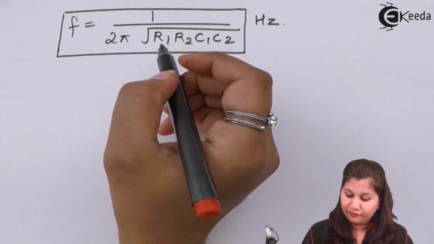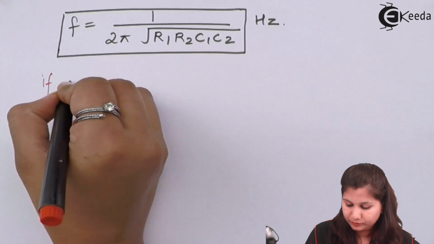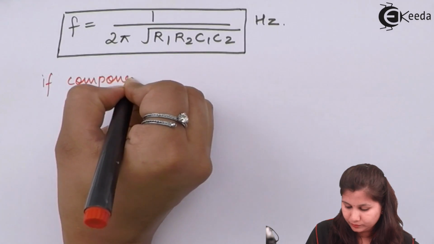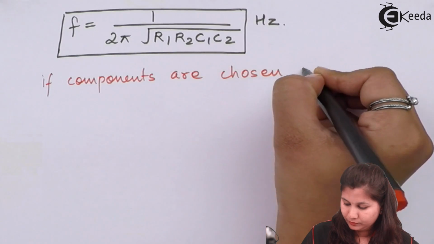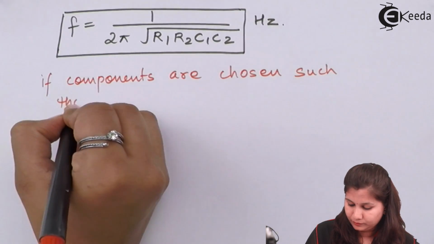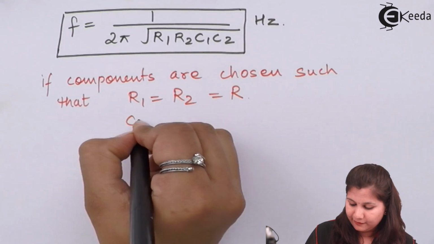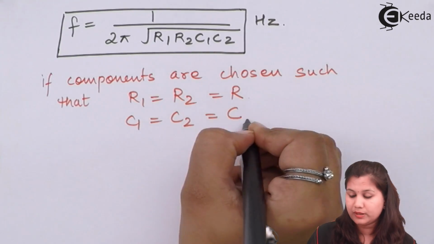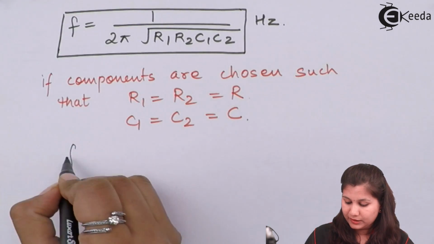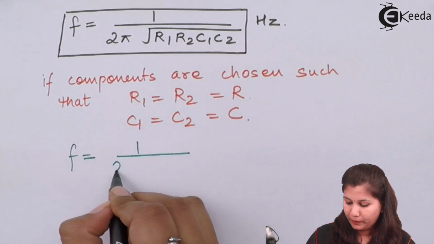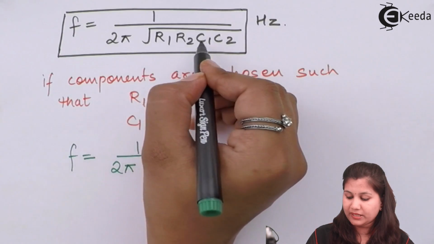If we take this condition, R1 equals R2 equals R, and C1 equals C2 equals C, the frequency term becomes f equals 1 upon 2 pi, because R1 R2 can be replaced as R square C square.